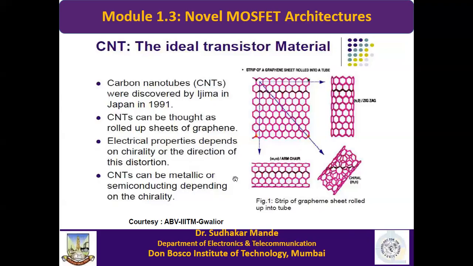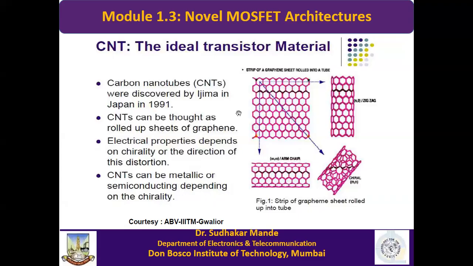It's shown here. Electrical properties depend on chirality and the direction of this distortion. So how you make the nanotubes depends on their properties. So CNTs, carbon nanotubes, can be metallic or semiconductor material.